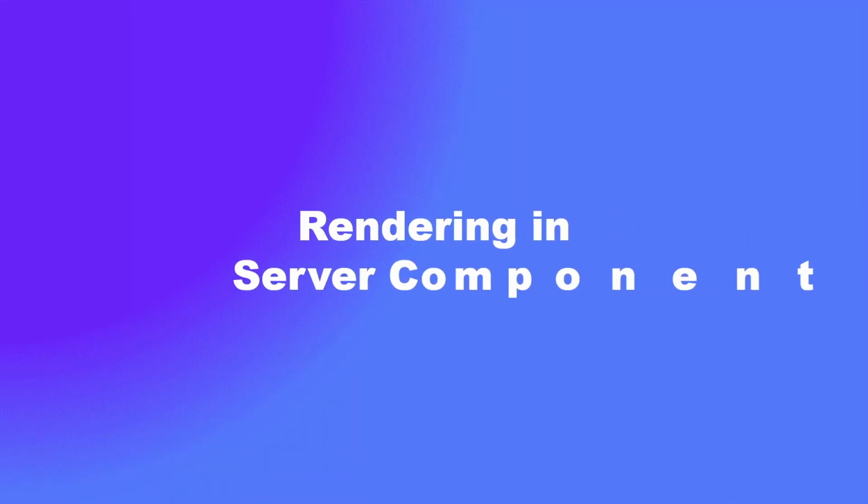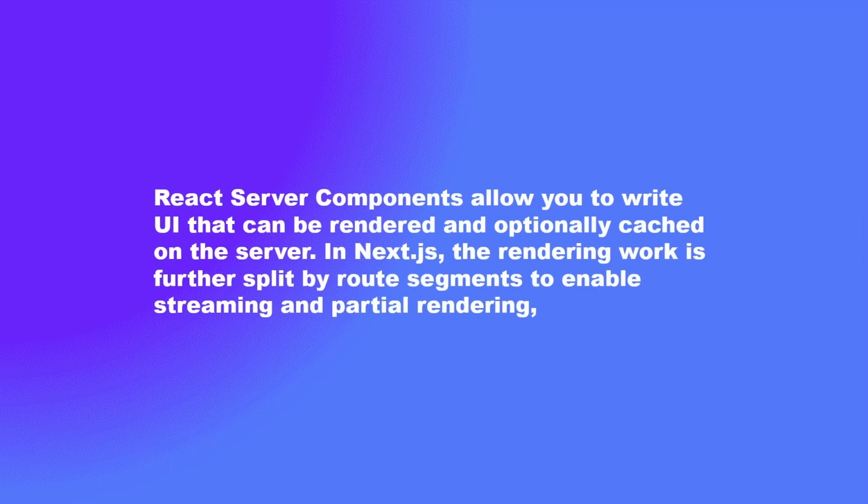In this video, I'm going to explain about types of rendering in server components. First, you need to know about server components. React server components allow you to write UI that can be rendered and optionally cached on the server.